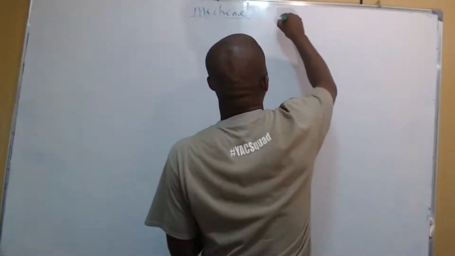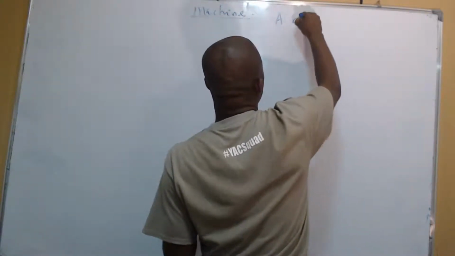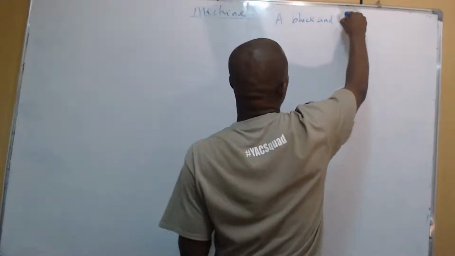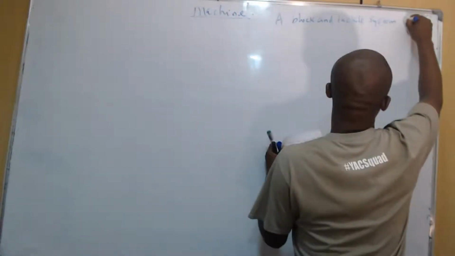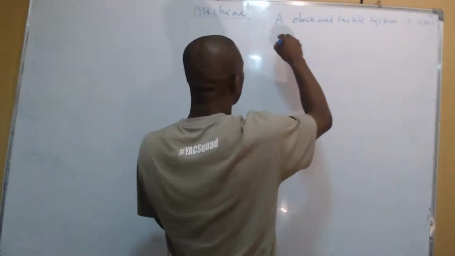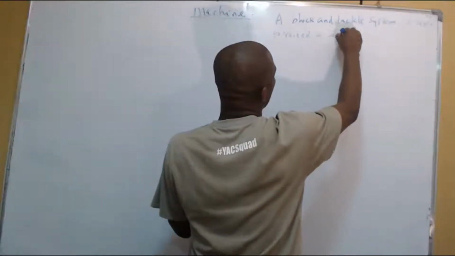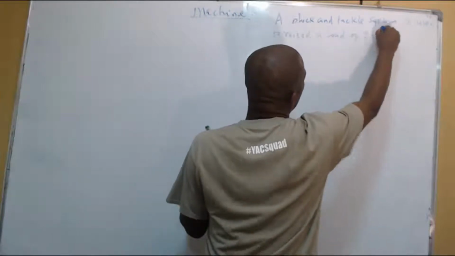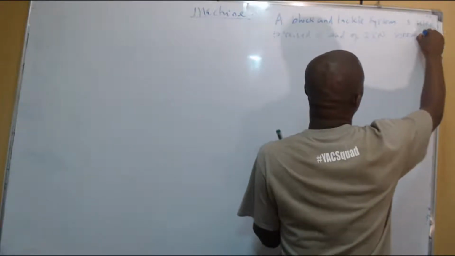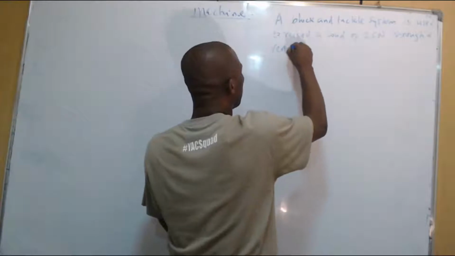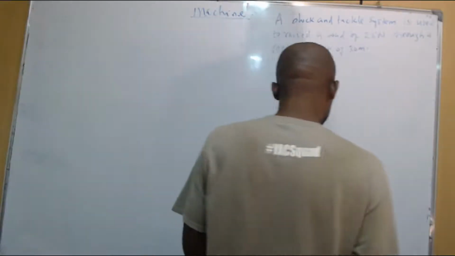It says a block and tackle system is used to raise a load of 25 Newton through a vertical height of 30 meters.